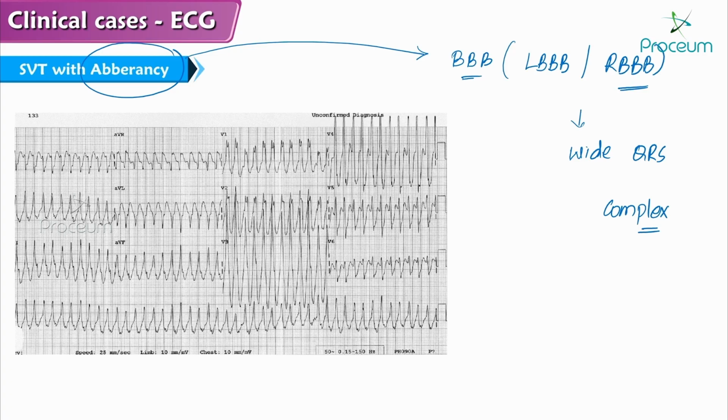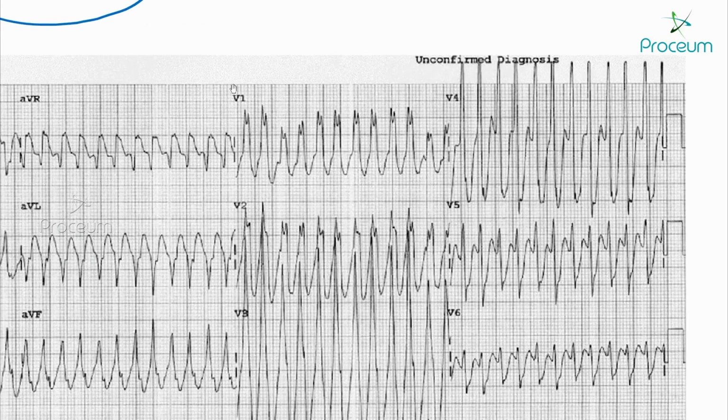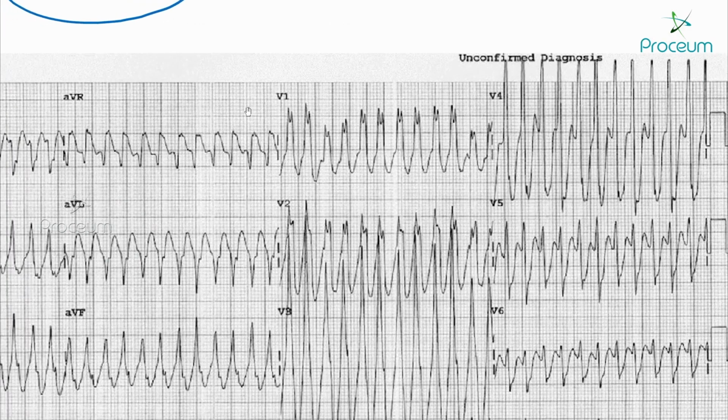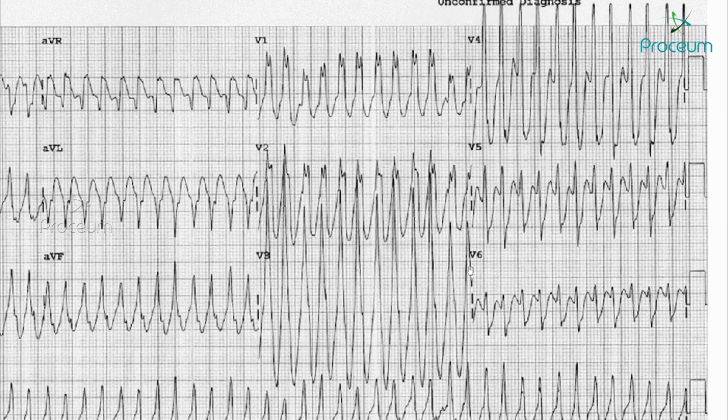Now, let me just zoom this ECG and show you. You take V1, and at the same time V6. If you observe the QRS complex in V1 as well as V6, the QRS complexes are suggestive of bundle branch block. Now, which particular bundle branch block?